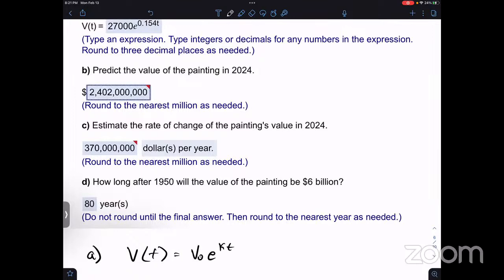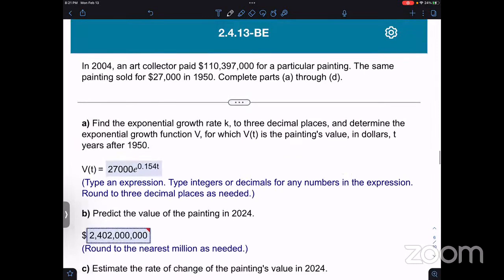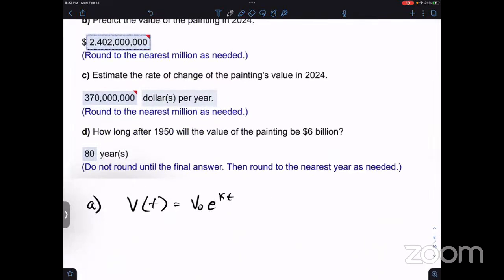We were also given in 1950, so if 1950 could be year 0, let's just write what we have. In 1950, we have 27,000.